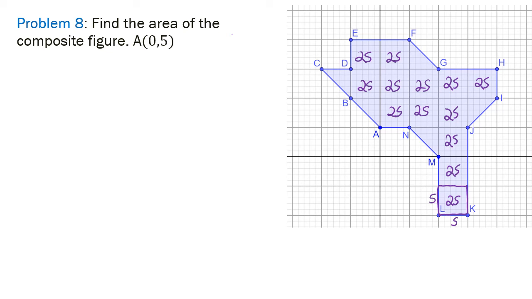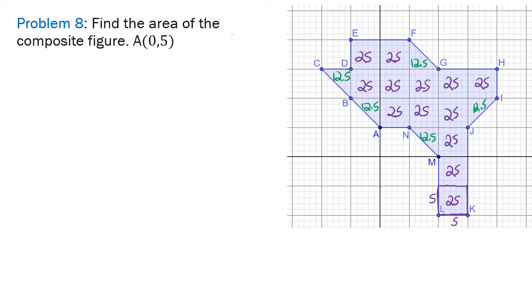All right, and then where you have your triangles, once again, normally there's a full box here of 25, but the triangle is just half of it. Half of 25 is 12.5, 12.5, 12.5, and so on.